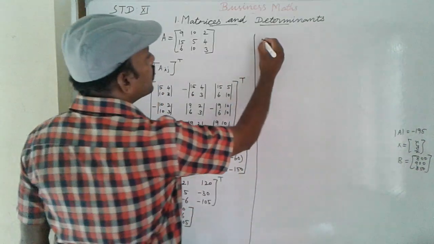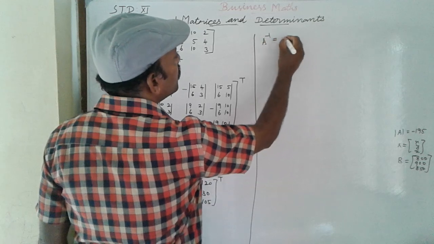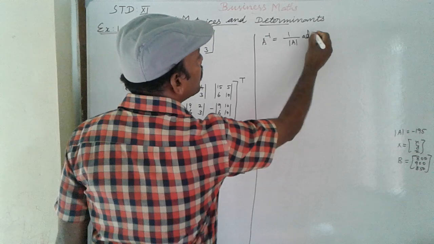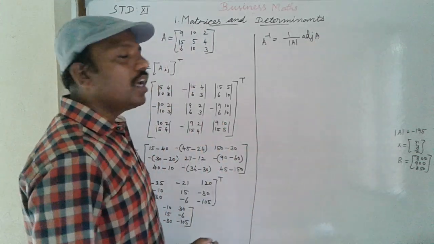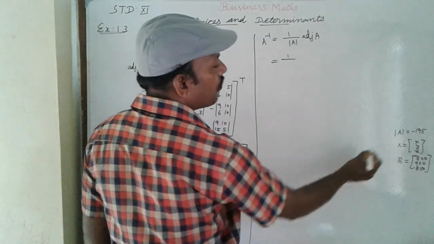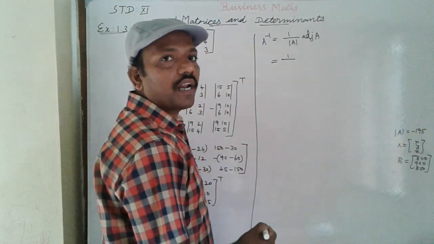A inverse equals 1 divided by determinant of A into adjoint A. We know the formula, so we substitute the values here. 1 divided by determinant of A, which we know is minus 195.